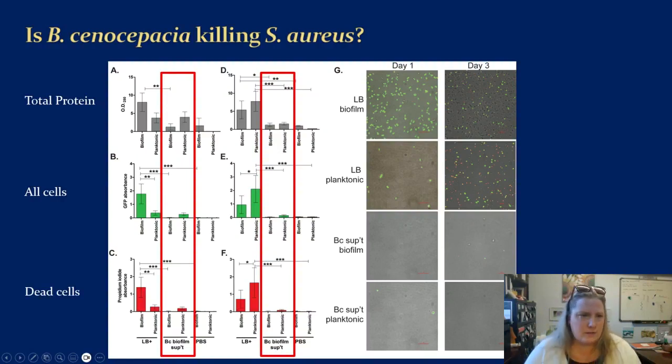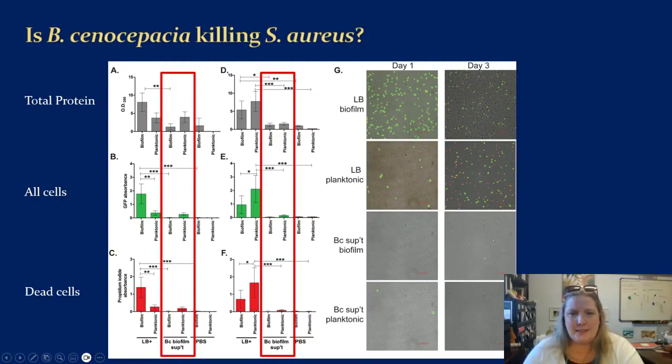Oh yes, the red cells are dead cells, sorry. The green is living Staph aureus cells. The red is actually not Burkholderia cenocepacia. It's a dye we use that only shows up in cells with compromised cell walls. So it shows dead cells, right?